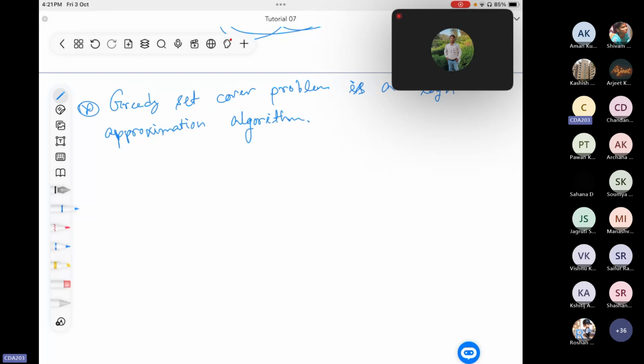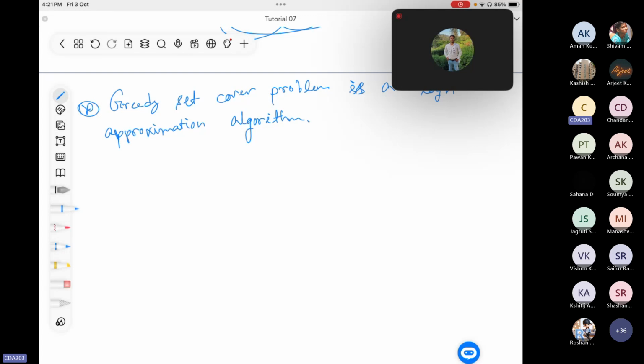For example, the shortest distance problem in a path. You can think of many locations connected by roads, so you can think of them as nodes, vertices and edges.